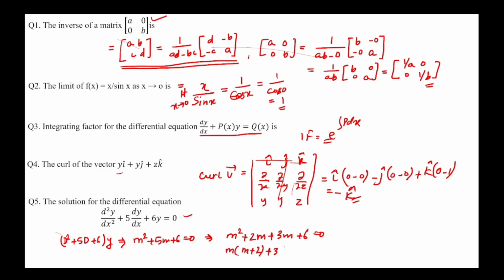So m is equal to minus 2 and minus 3. So the solution of this equation is y equal to c1 e to the power minus 2x plus c2 e to the power minus 3x.